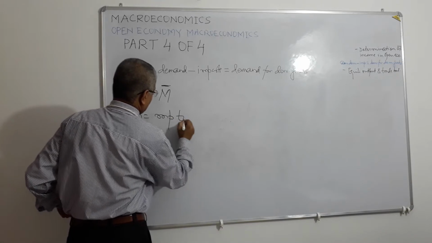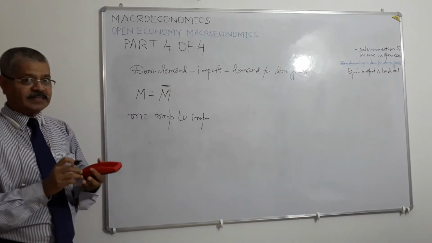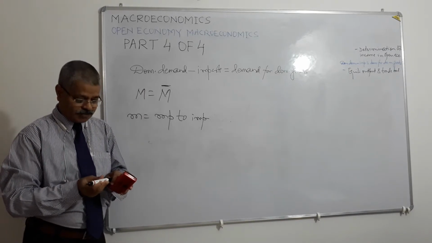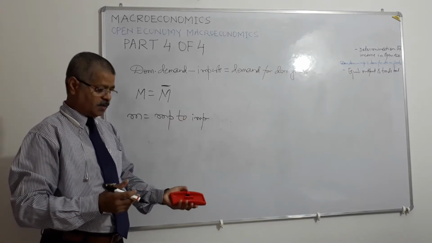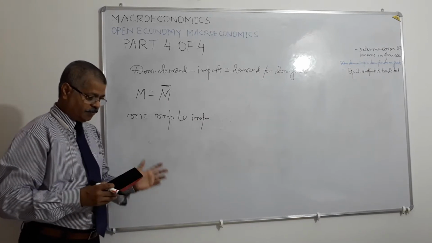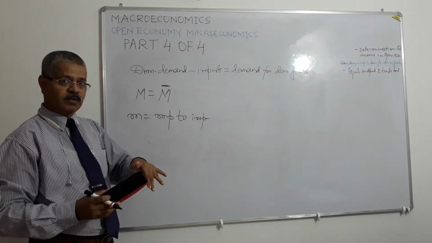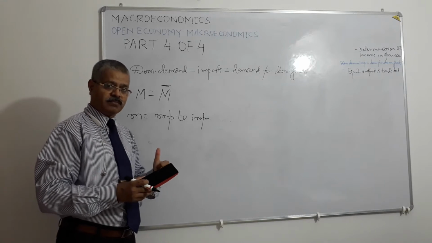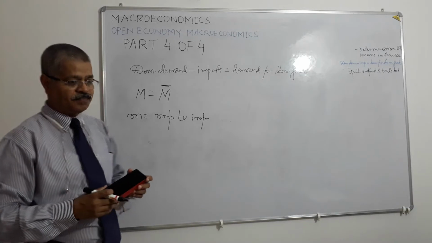Marginal propensity to import means the fraction of an additional rupee of income which goes towards imports. We have already discussed that when income goes up, imports go up, our demand for imported goods goes up. When the real exchange rate goes up, imports go down. So imports are positively related to income and negatively related to the real rate of exchange, right?